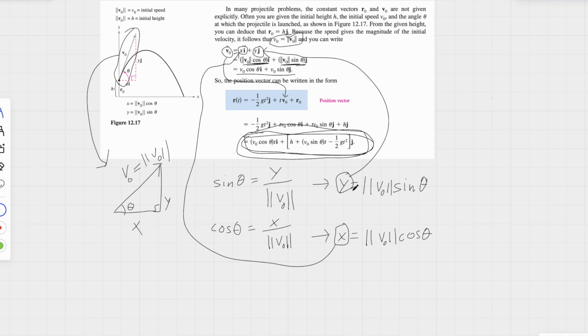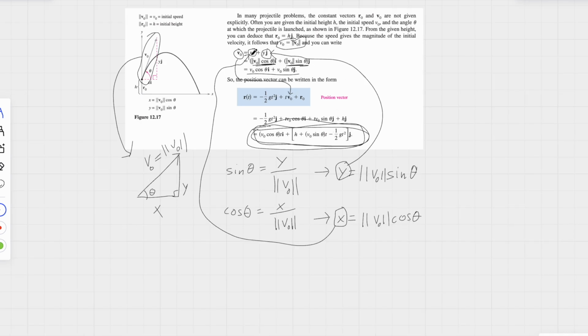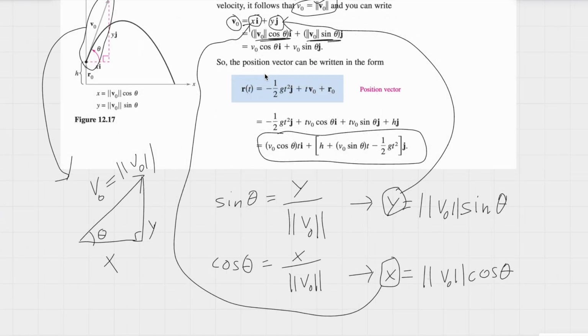We can isolate x and y to get y is equal to initial velocity sine theta and x is equal to initial velocity cosine theta. We can back substitute it in to get this equation.